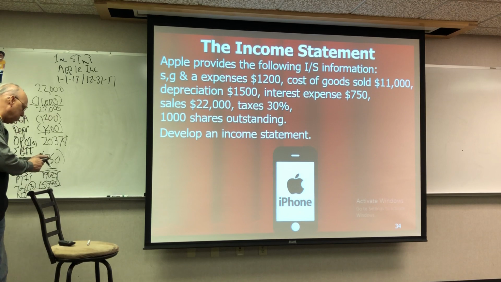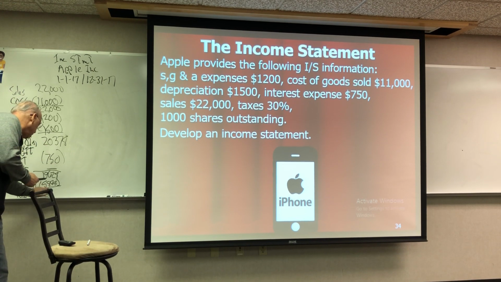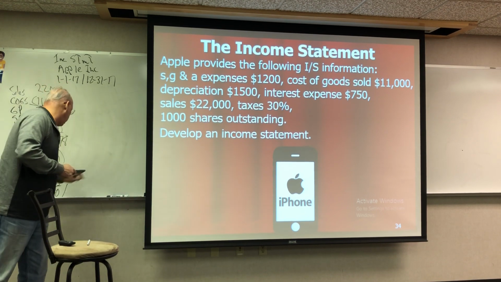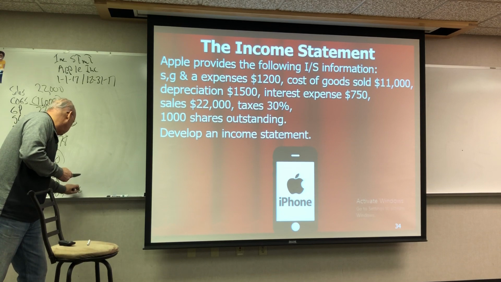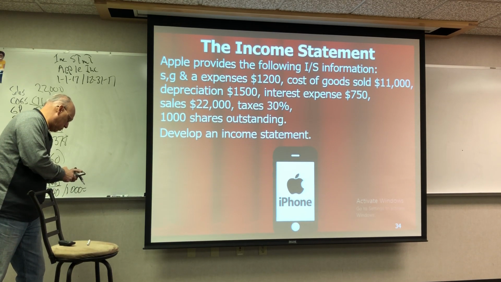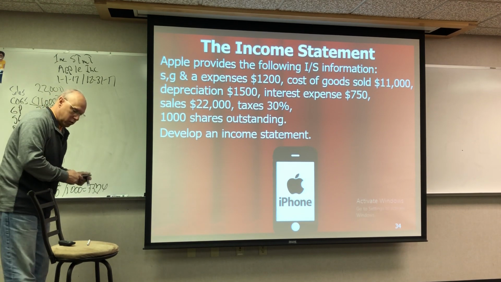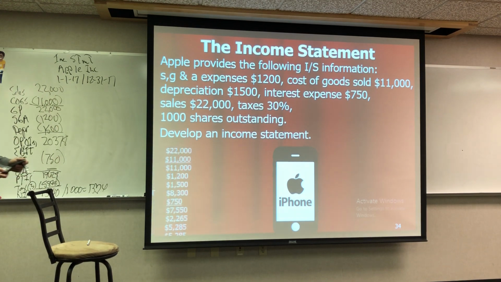And we get net income of 19,628 minus 5,888, and we get net income of $13,740. And then we're going to divide that by 1,000 shares outstanding, and we get $13.74. Let's see if I did this. Do we have the answer right here? I think we do. Did I do this right?